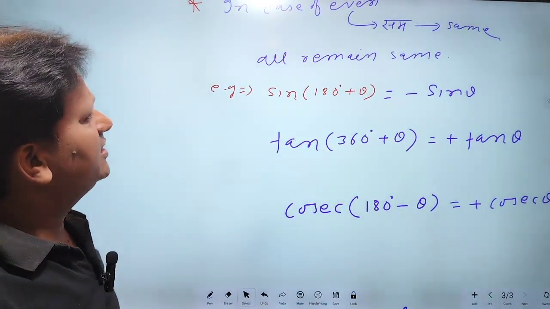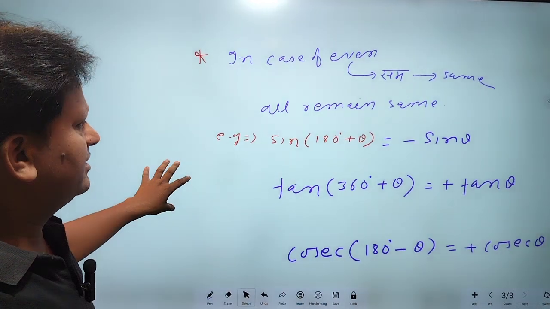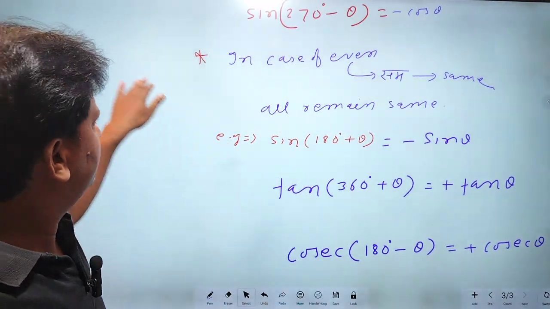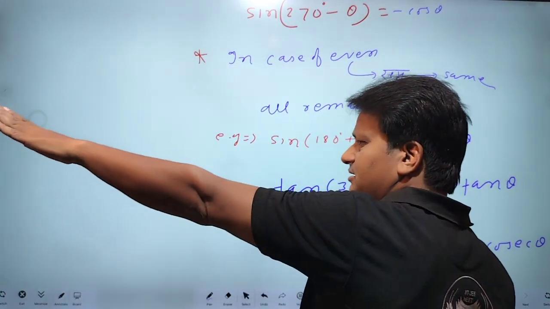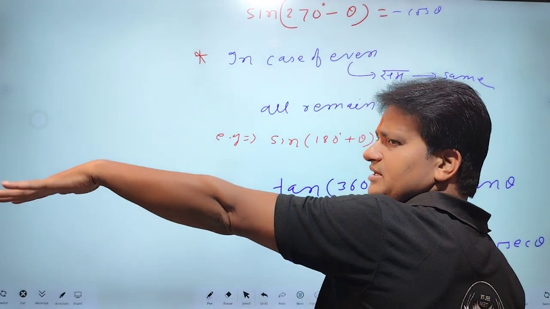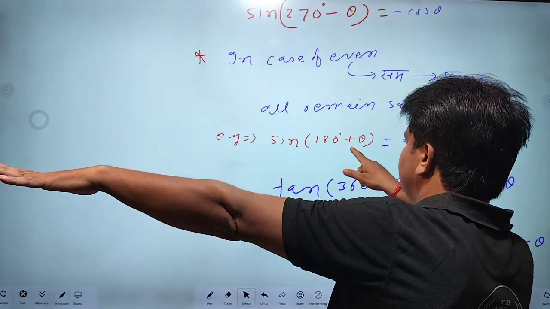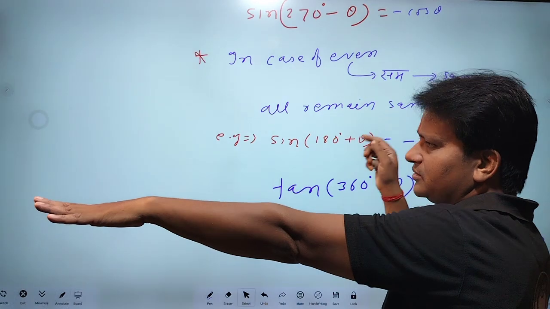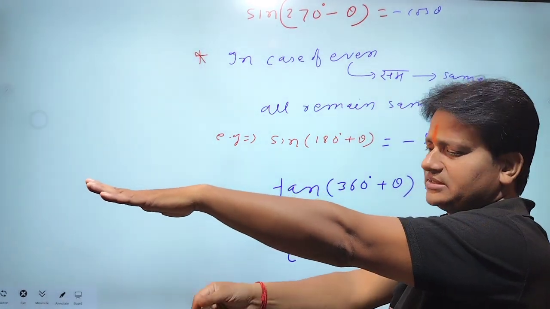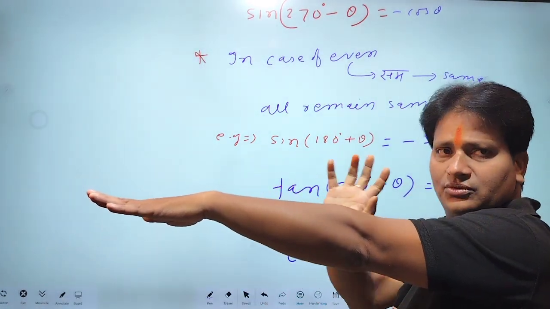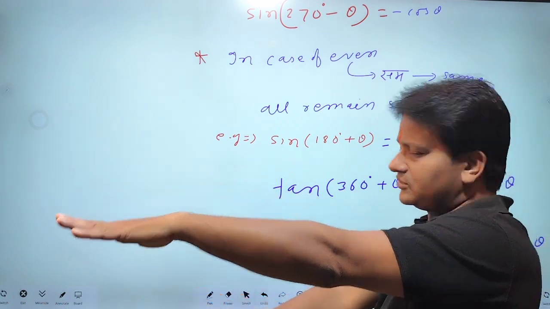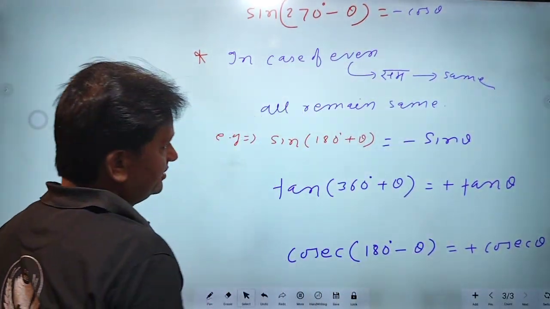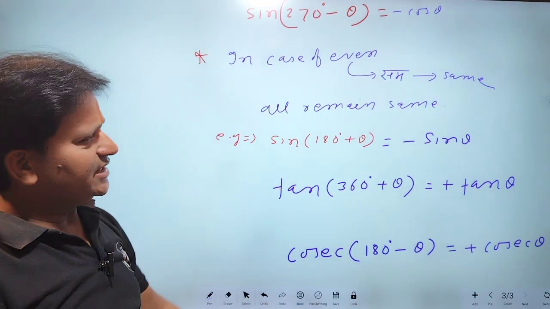Sine 180 degree plus theta. This line is 180 degree. Plus means you should move in anti-clockwise direction. Therefore, you go to third quadrant. In third quadrant, sine will be negative.